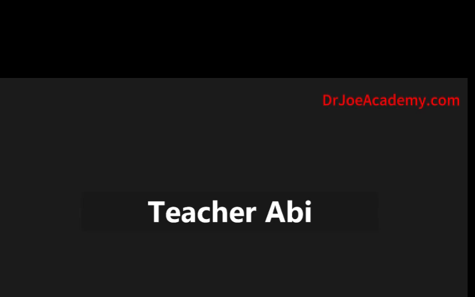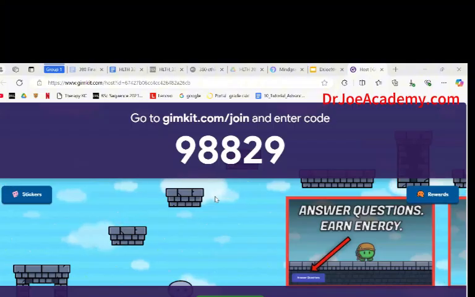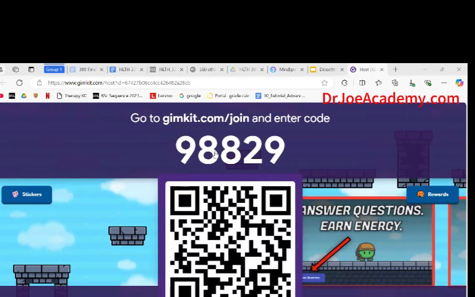Okay. Let me know once you guys can see. Put a 1 in the chat if you can see the screen. And then put this game code or scan this QR code into gimkit.com.